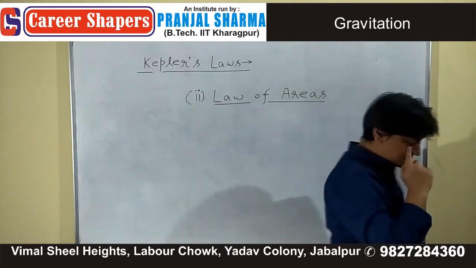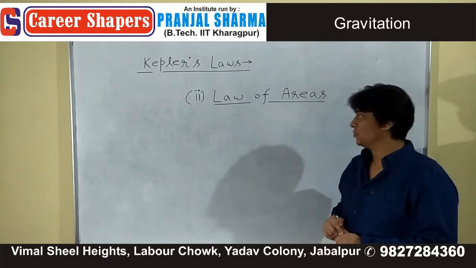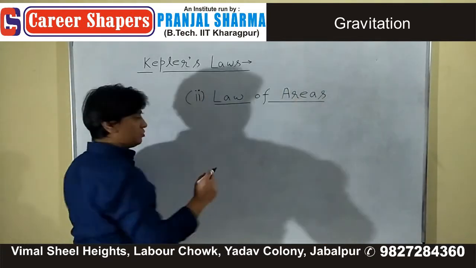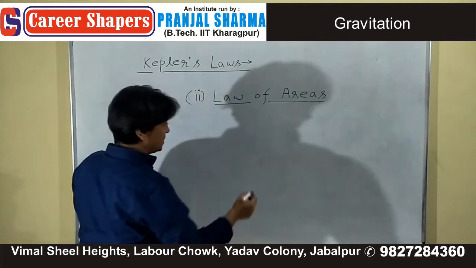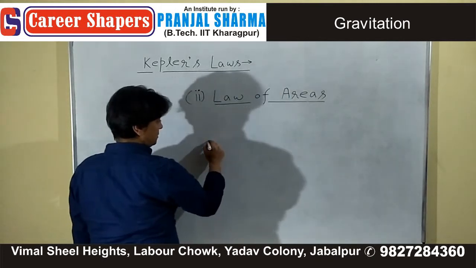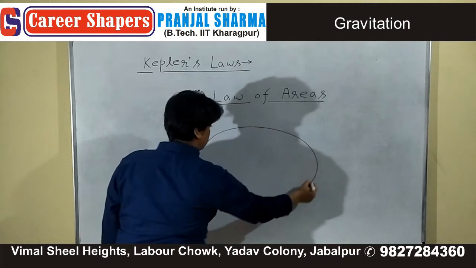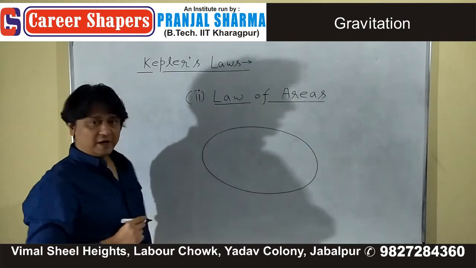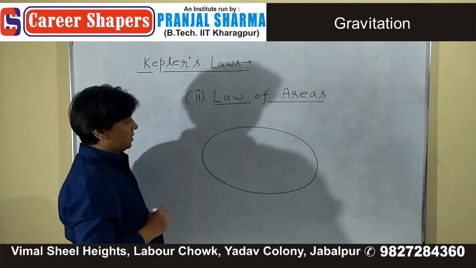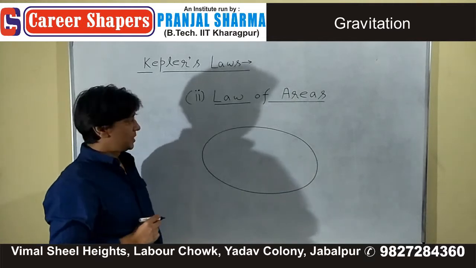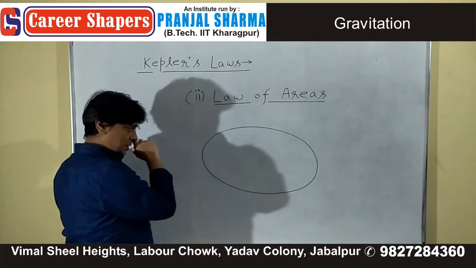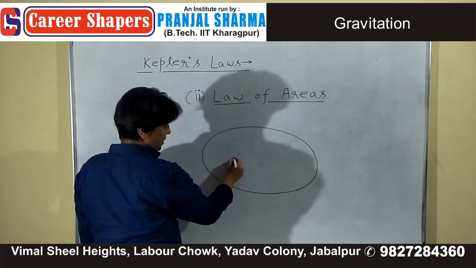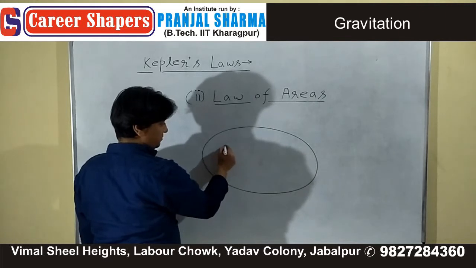Radial vector from Sun to any planet sweeps equal area in equal time. Sweeps equal area in equal time.